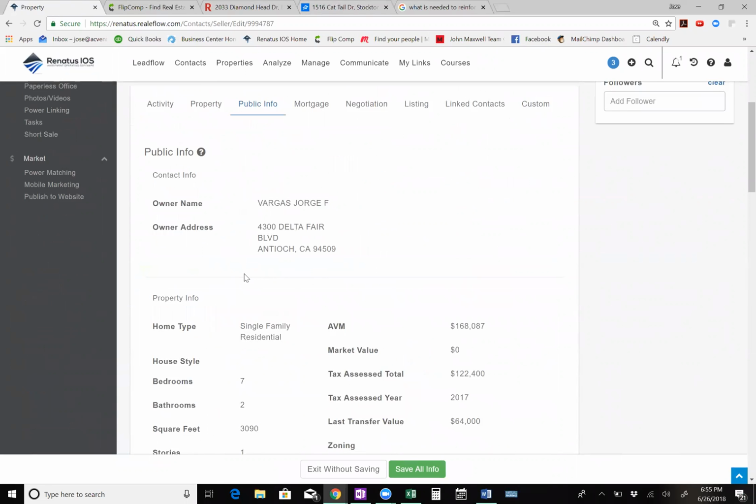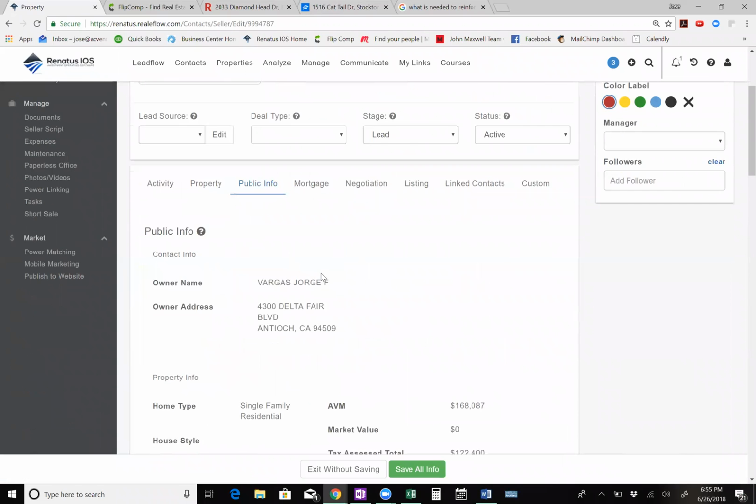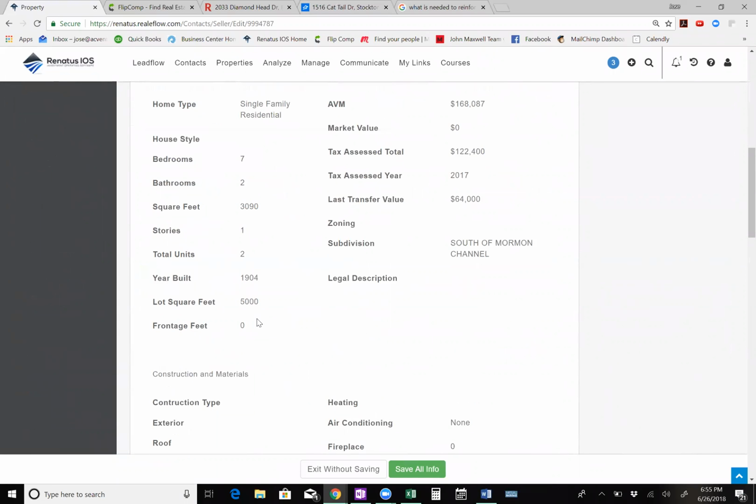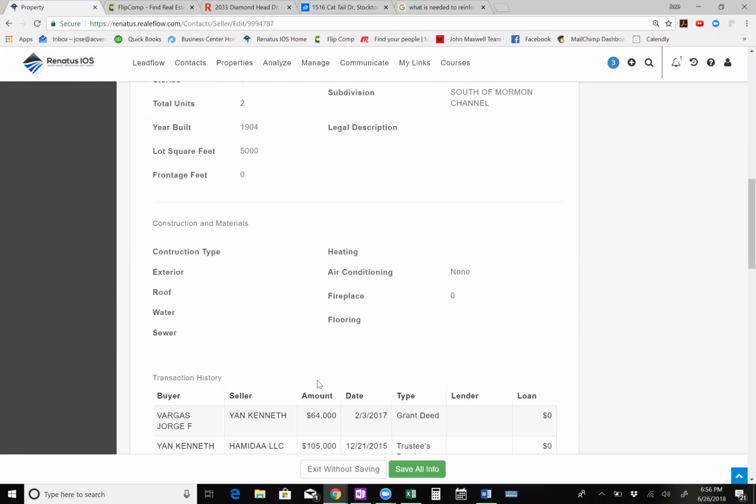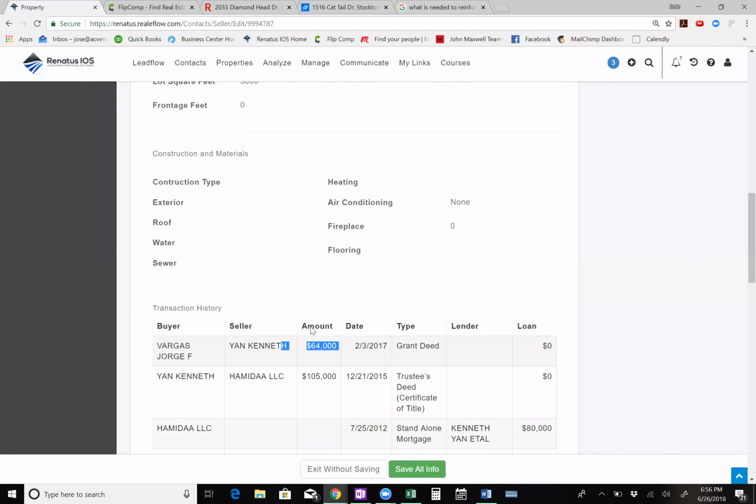So you go to public information. It tells you who the owner's name is and the owner's address, so you can tell the owner does not live there. It shows how many bedrooms and bathrooms, the square feet, 3,000 square feet, and the tax assessed value. So it looks like they bought it for $64,000.